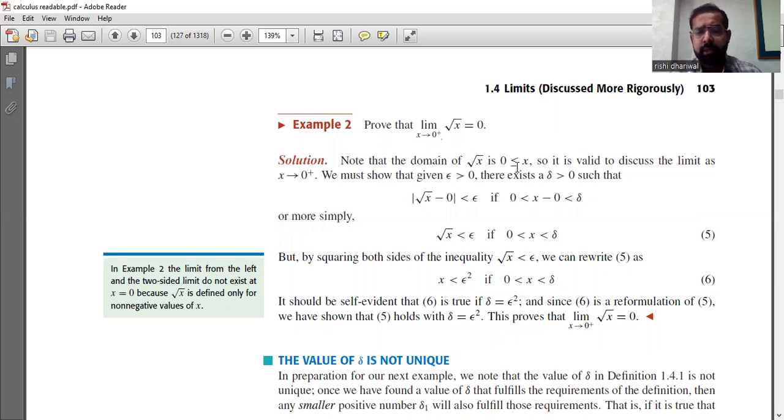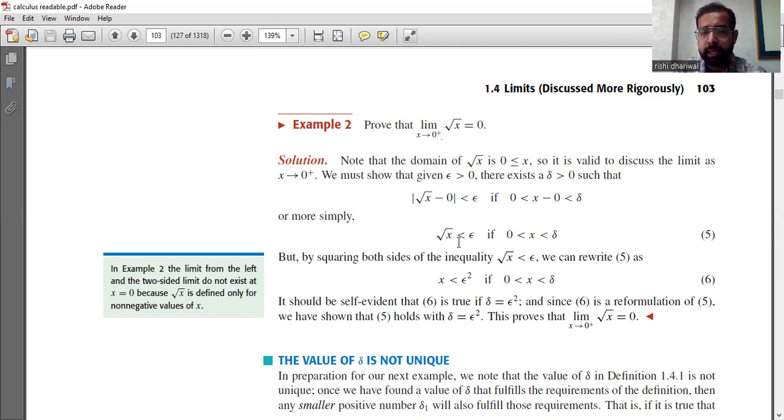We must show that given epsilon greater than 0, there exists a delta greater than 0 such that the modulus of square root of x minus 0 is less than epsilon if the modulus of x minus 0 is less than delta. This implies that square root of x is less than epsilon, because square root of x is a positive quantity.